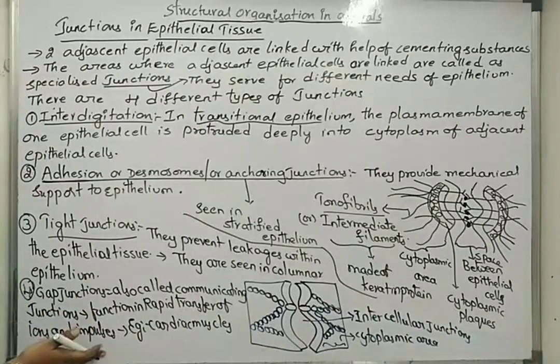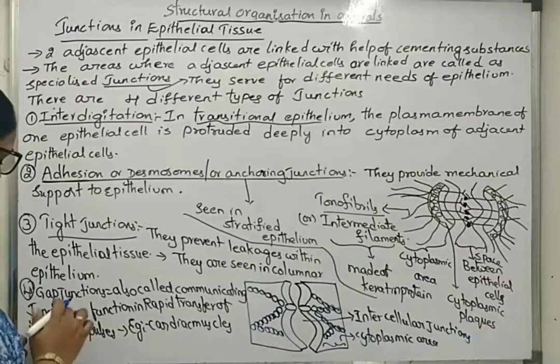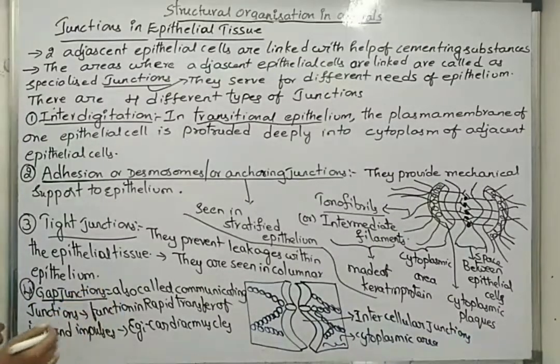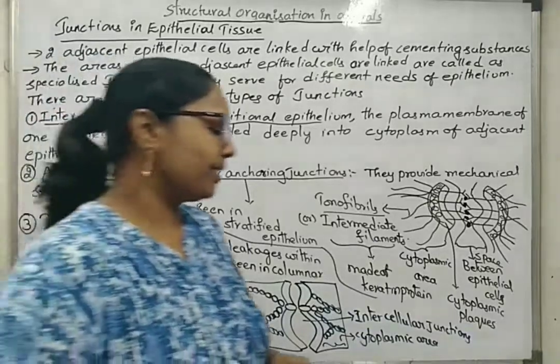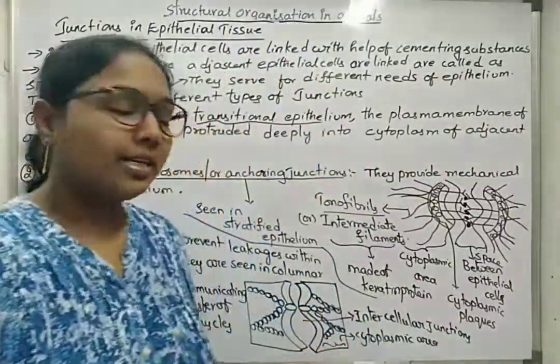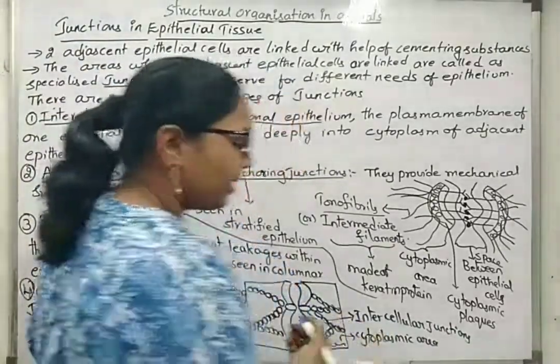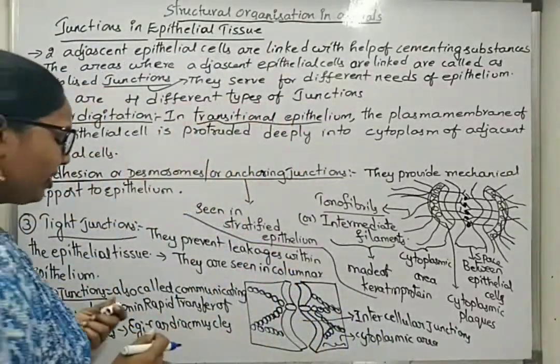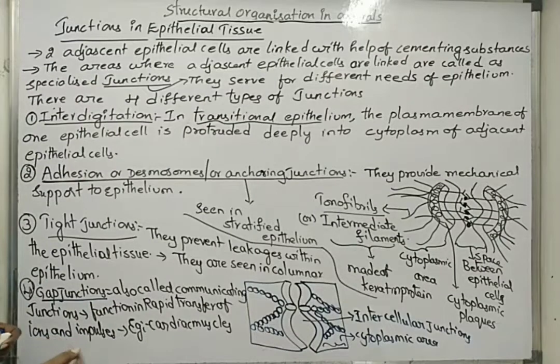So here in case of gap junctions, these are mainly supporting communication, means transportation of impulses from one place to other place, and mostly these are seen in cardiac muscles. Sometimes the term is also used that these are also involved in depolarization.